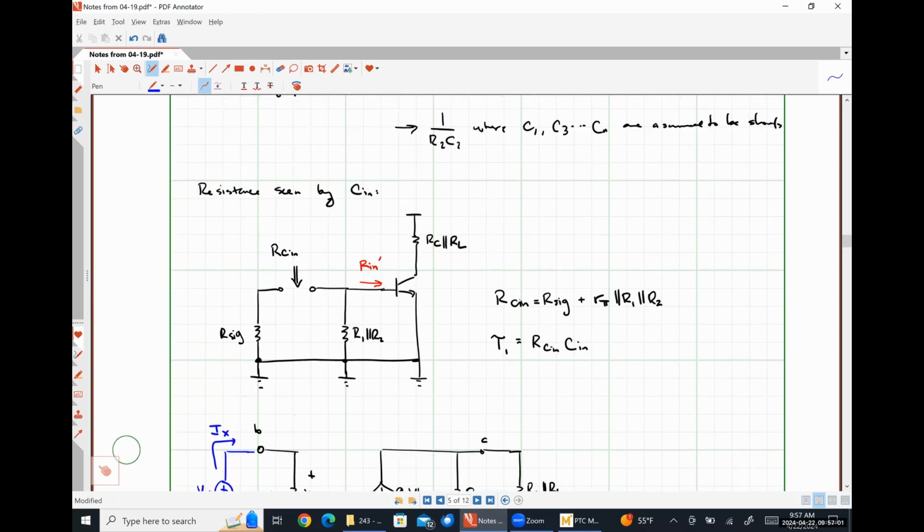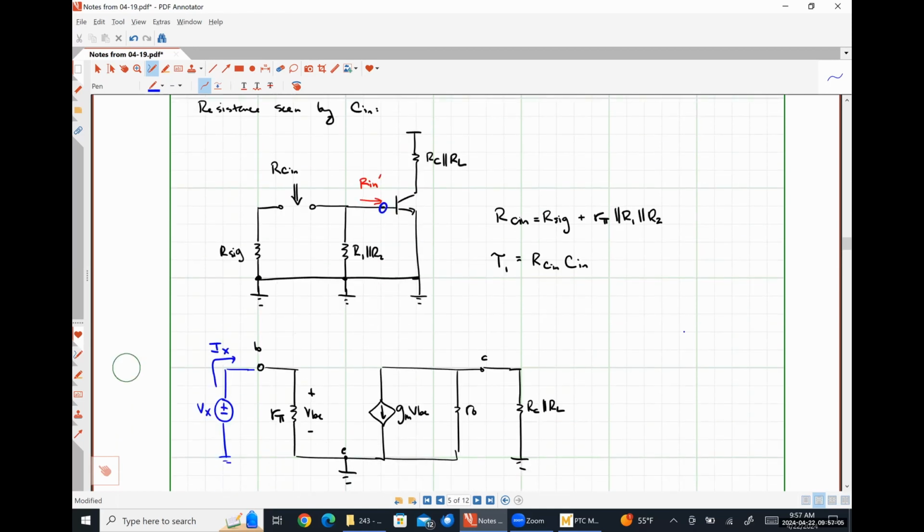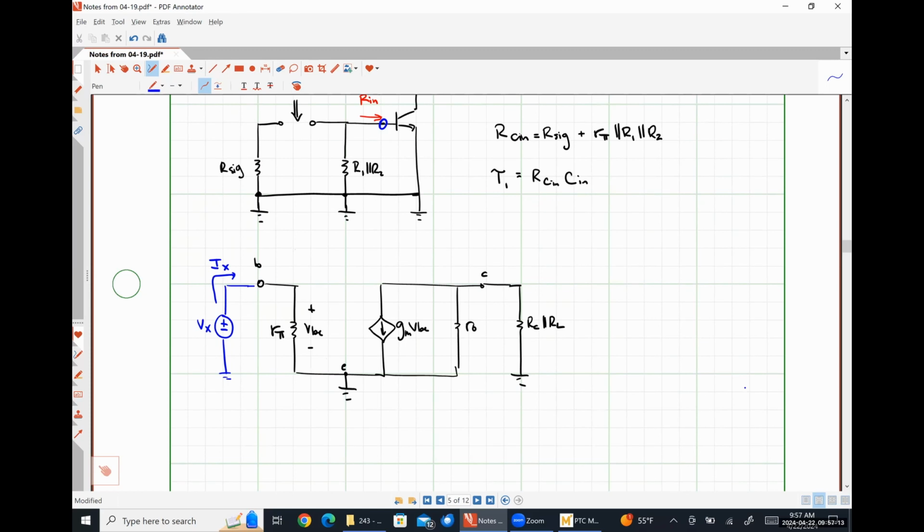I'm just looking in to here, because whatever I see looking into here is in parallel with R1 and R2. So what's the resistance seen looking in? It's just R pi. Doesn't matter what RC and RL are doing over there. Ix only sees a resistance R pi on its path to ground.